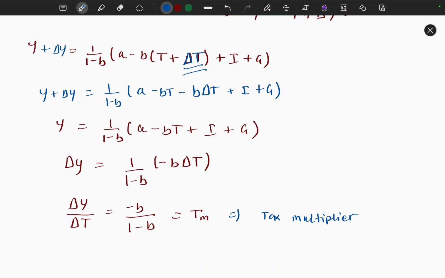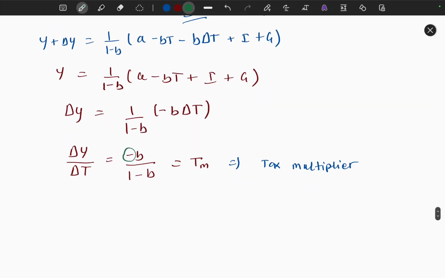The negative sign that you're seeing here tells you that an increment in taxes will cause a negative impact on the level of national income. Sorry, let me correct myself: the increment in the level of lump sum taxes that we are talking about will cause a negative impact on the level of national income.